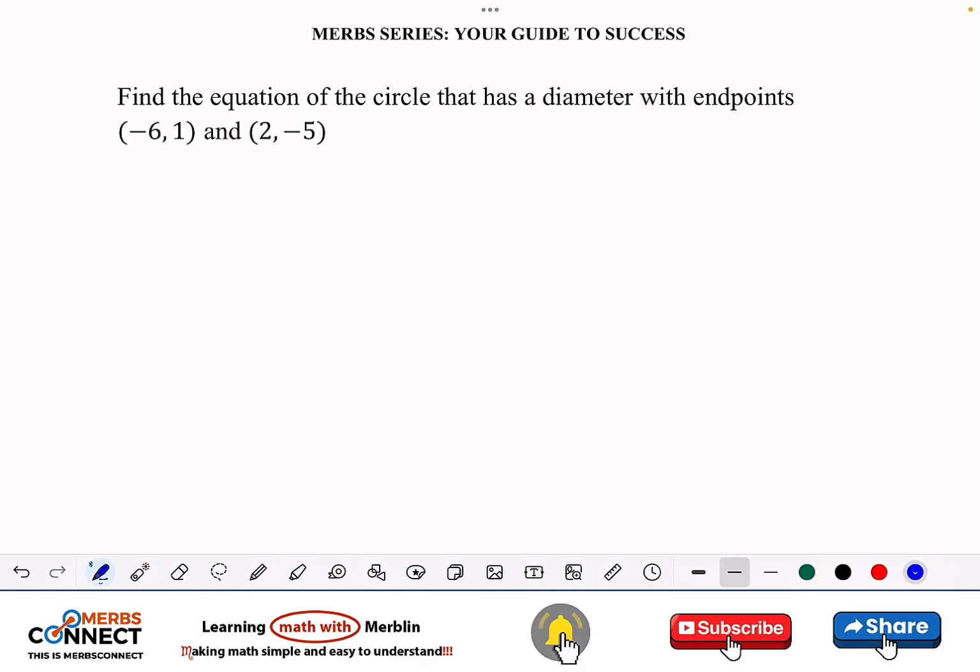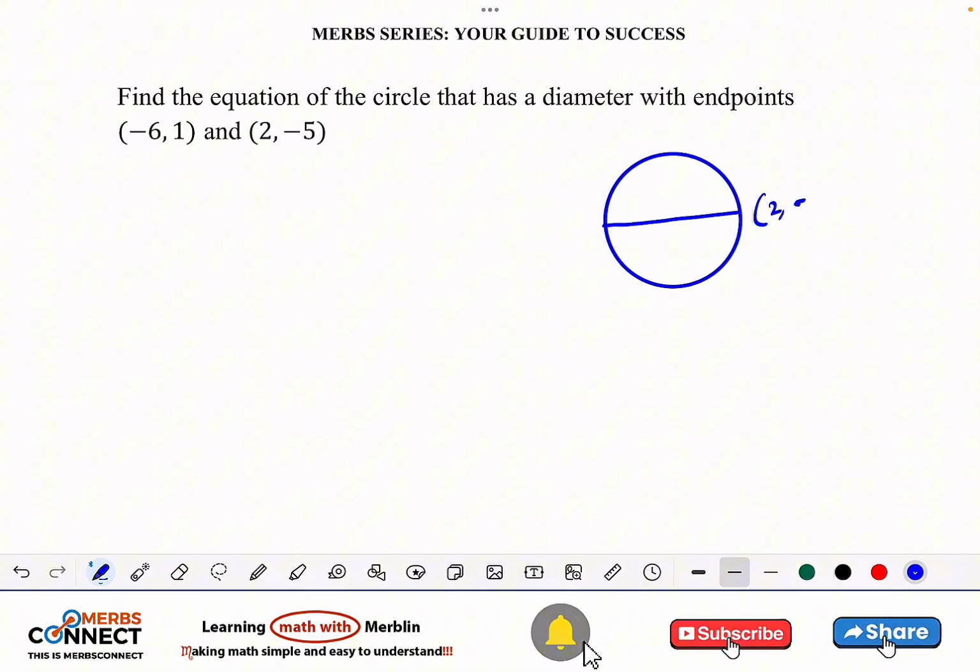As I said, in coordinate geometry with circles, you cannot do some of the questions without drawing. So I love drawing. I have my circle and then I have my diameter. Now the diameter has endpoints. So let me put 2 here and minus 5 here, and minus 6 here and 1 here, right? So basically this is what I'm going to have here.